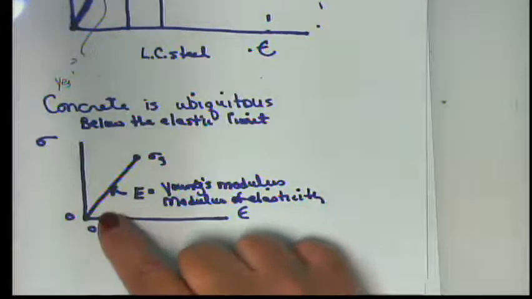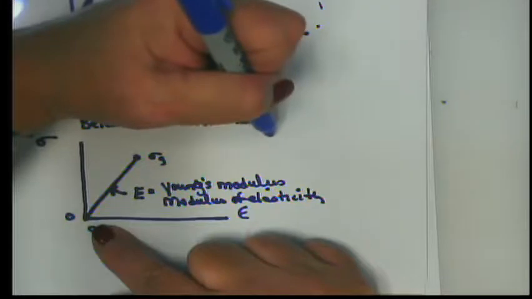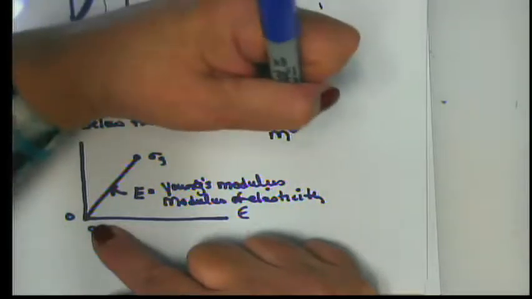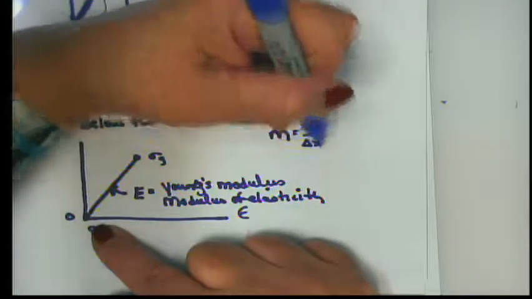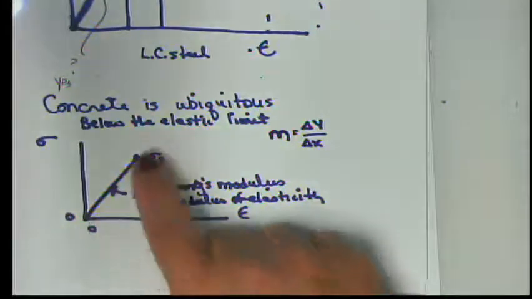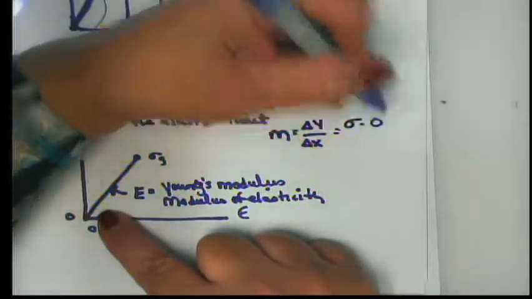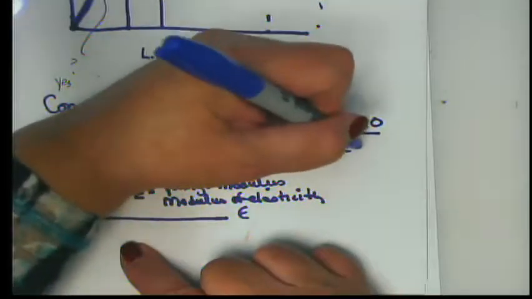Okay, so if you look at this graph, if it's a straight line, we know that the slope of a straight line is equal to the change in y over the change in x. The change in y here is sigma minus 0, and the change in x is epsilon minus 0.